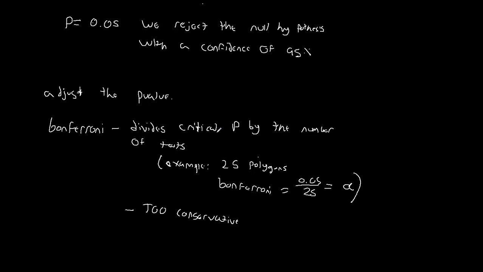So you actually may be going too far, going the other way, where you are not rejecting the null hypothesis when you should be. Because the problem is we're rejecting it when we shouldn't. So Bonferroni says, we'll just divide the critical P by the number of tests, and that'll be our new critical threshold. Well, some people argue that that's too conservative. Now we're going too far the other way, and we're not rejecting it when we probably should be.